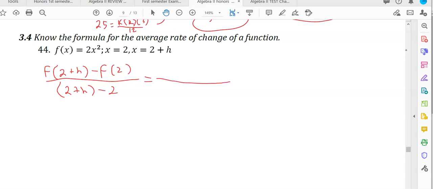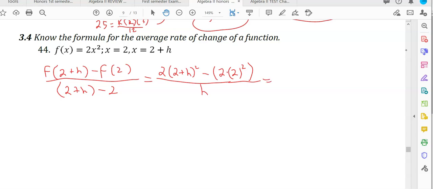What do we get up here? So f of 2 plus h, wow, that's going to be 2 times 2 plus h squared minus 2 times 2 squared. Okay, over, that really simplifies to be just h down there.